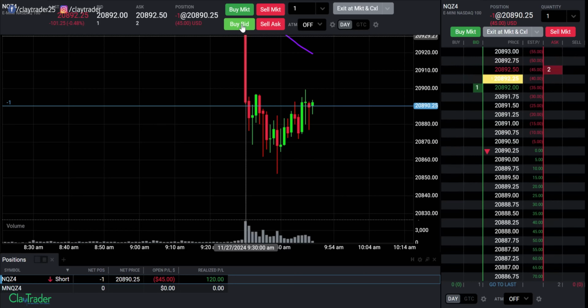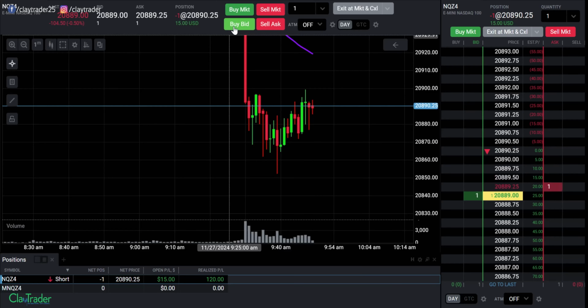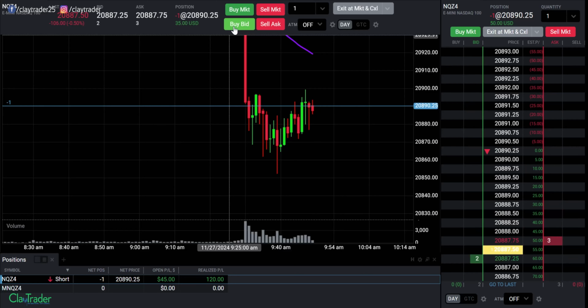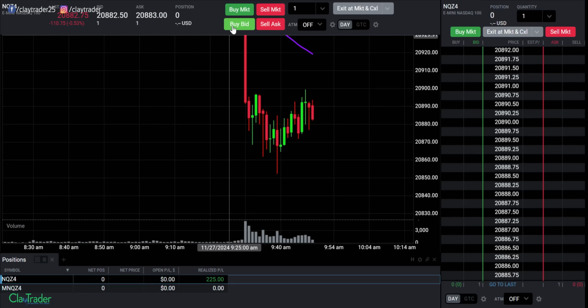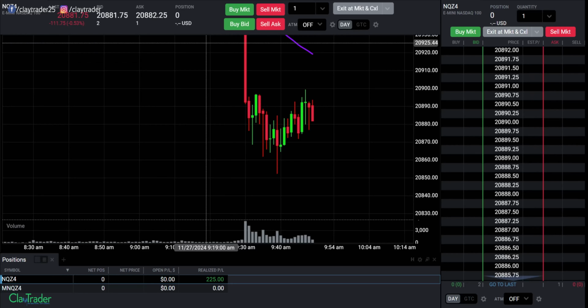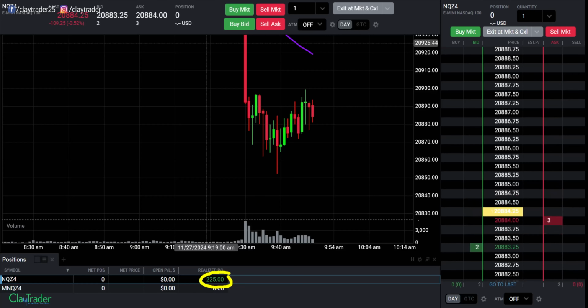Short meaning I want to see prices go down. So I want to see this candle here. I want to see that get red. Order filled. So out of that one, I am now up 225.